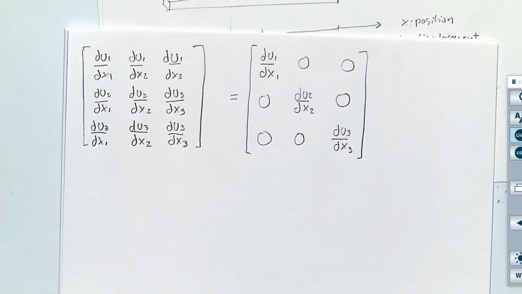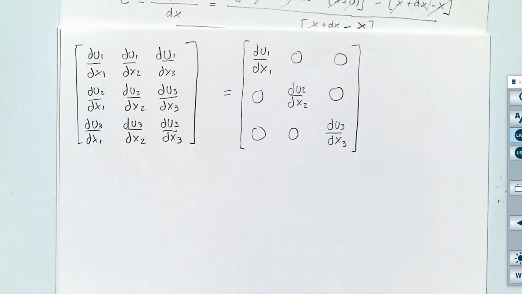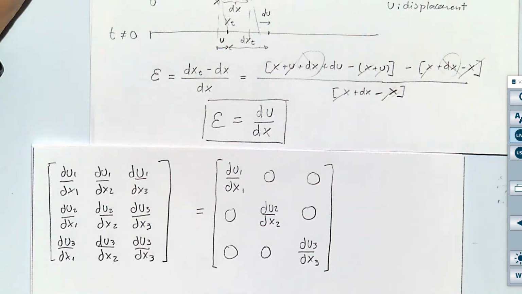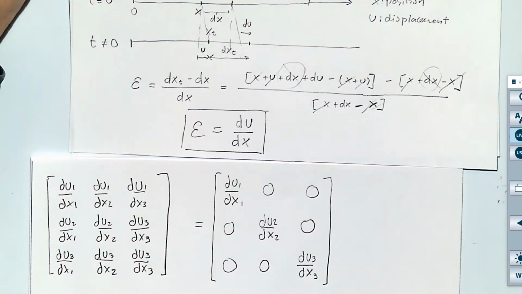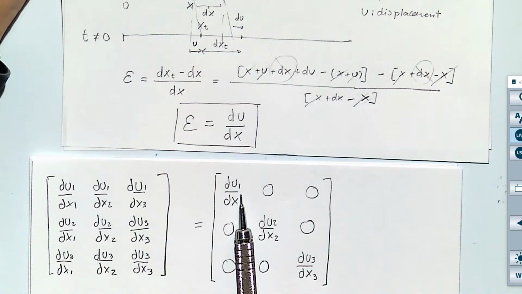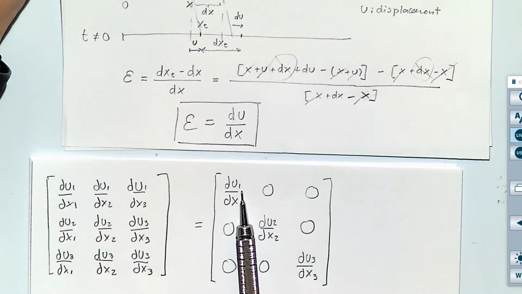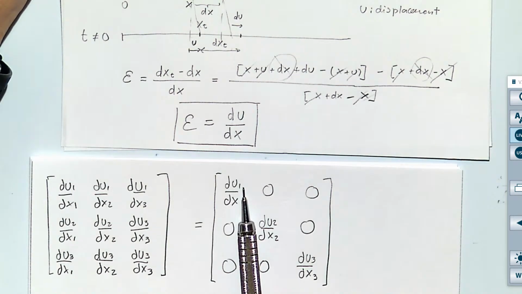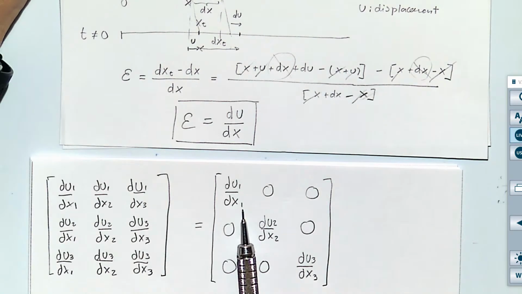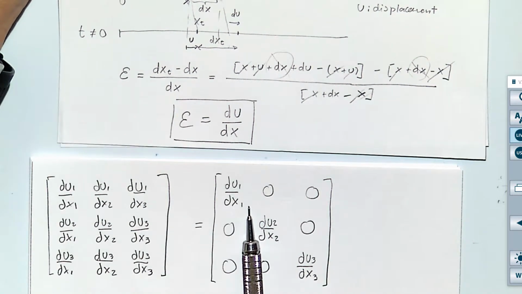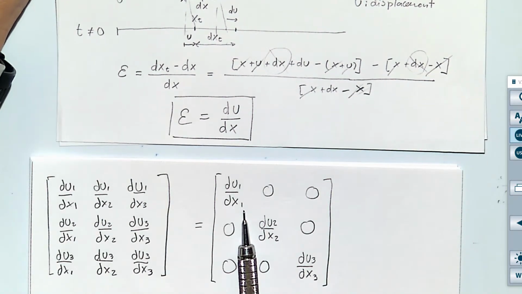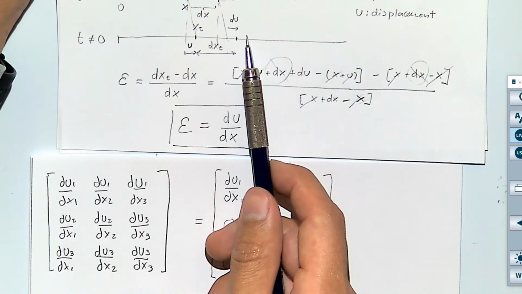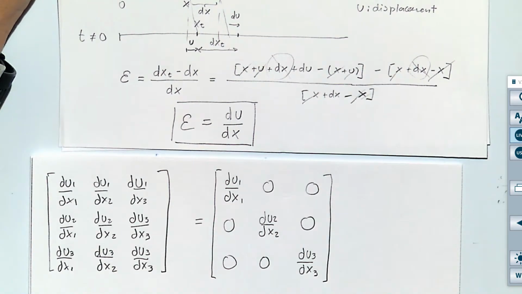Doing an analogy with the previous equation, if we have a change of displacement in direction 1 compared to a change of position or length in direction 1, the result of that is going to be what is called a linear strain.